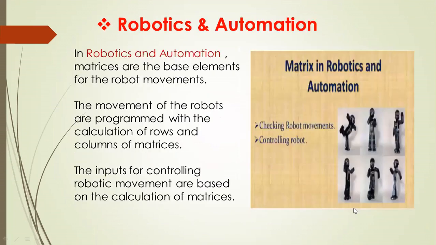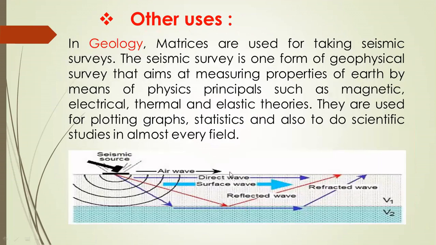Now in robotics and automation, matrices are the base element for robot movement. The movement of robots is programmed with the calculation of rows and columns of matrices. The inputs for controlling robot movement are based on the calculation of matrices. Other uses of matrices include seismic surveys in geology.